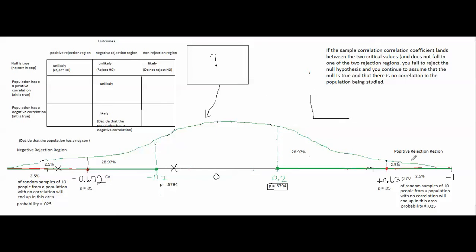So if I get a sample all the way in here, and my sample has a strong positive correlation, then you have to realize that a population with a negative correlation, like this, would be unlikely to give me a sample with a strong positive correlation like this.